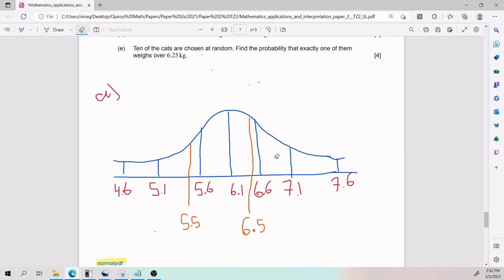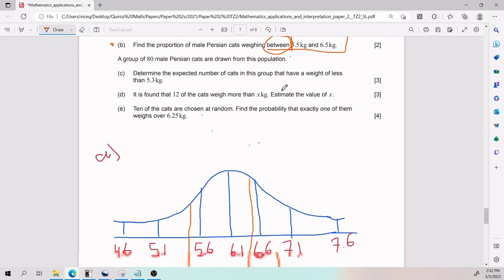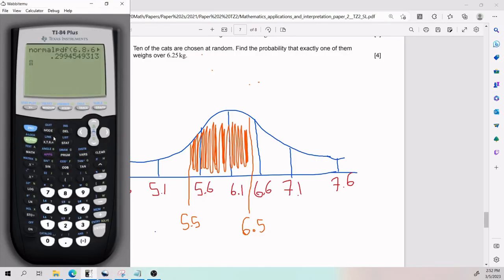Now in this case, as we said, PDF does not help because we are talking about a range. We are talking about between, keyword, 5.5 and 6.5. And so we're trying to find the proportion or the percentage of cats that weigh between 5.5 and 6.5. So we keep going. I'm actually going to go with inverse normal now. Here, it asks you to give an area, and again, you give mean and standard deviation.